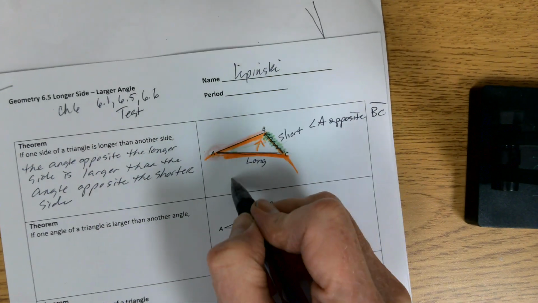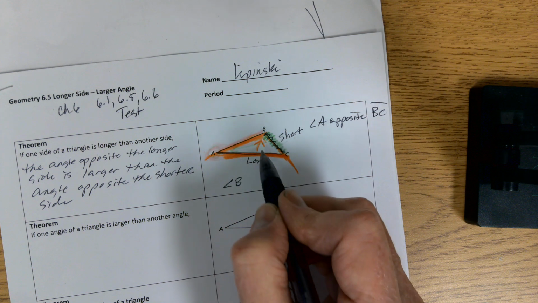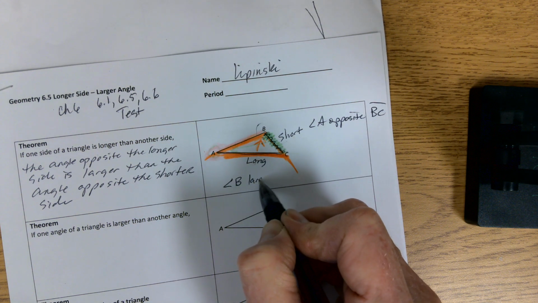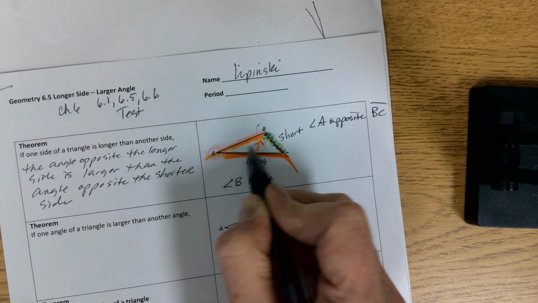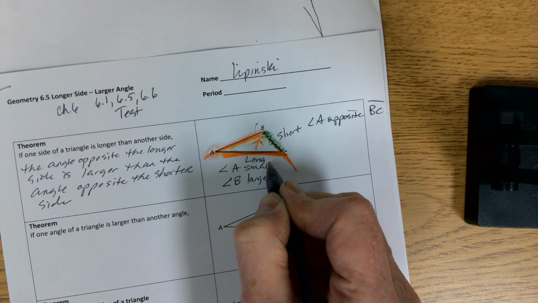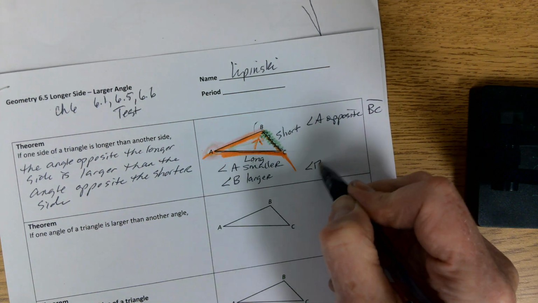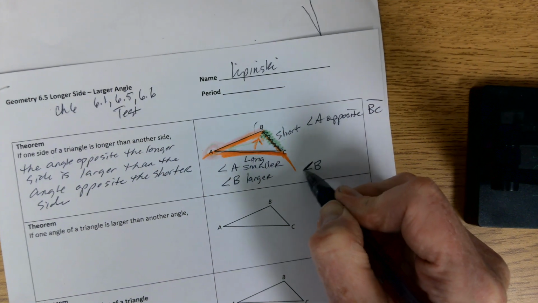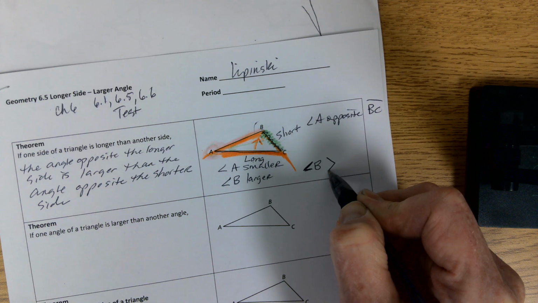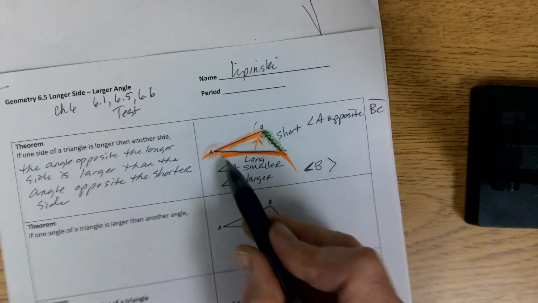So on this, I know that angle B is larger because it's opposite the long side. Angle B is larger. Angle A is smaller. Okay, so I could say which angle is bigger? Well, angle B, notice it's an angle symbol flat on the bottom, is larger than, is bigger than angle A.